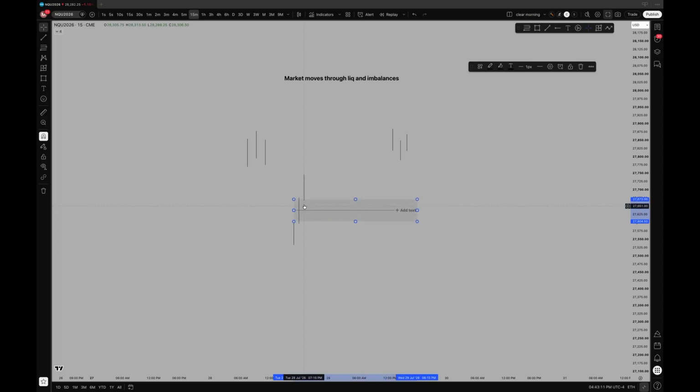And if there's no wicks in between, that will be your fair value gap. And you're also going to have them on price runs that are going the opposite direction. So you'll have your fair value gap right there. That's going to be your fair value gap.